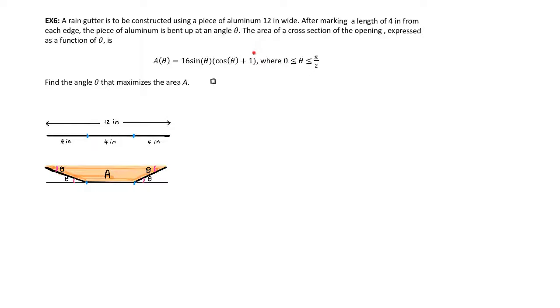However, this is trivial because A of theta pretty much only consists of trigonometric functions. There are no denominators. So that means that the entire function is going to be continuous.